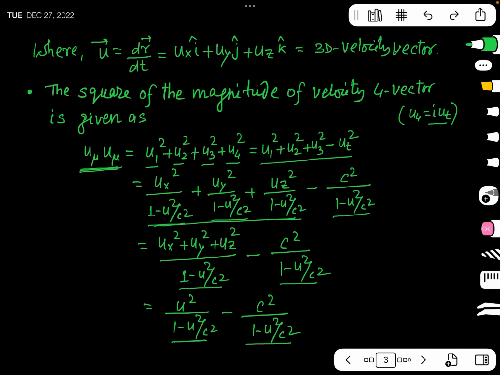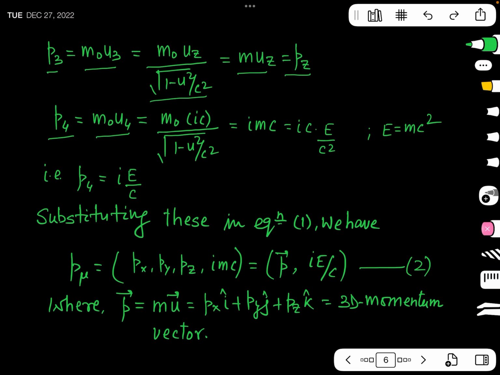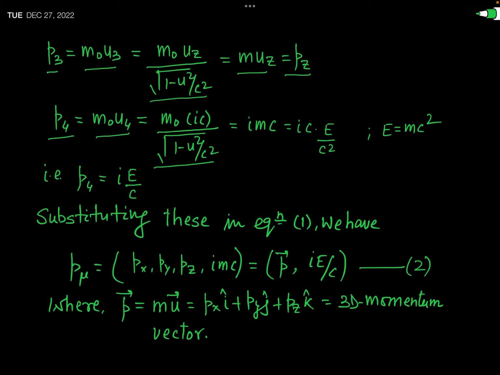So in place of u4, we will use this very relation, ic divided by root over 1 minus u square by c square. Again, m naught by root over 1 minus u square by c square is m. So this is imc.